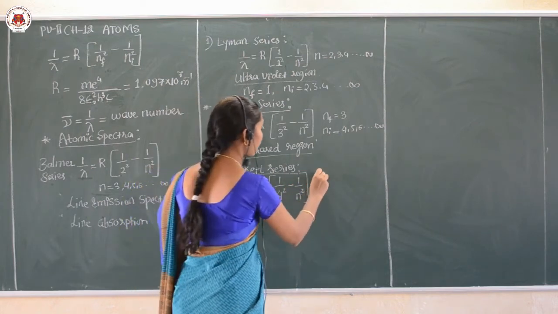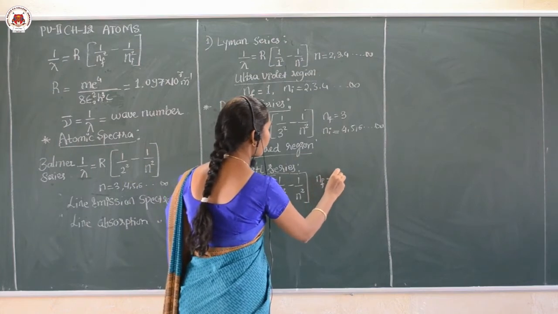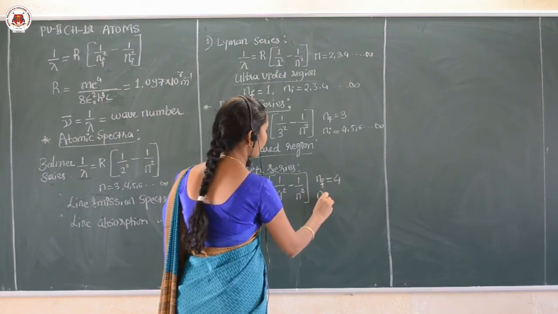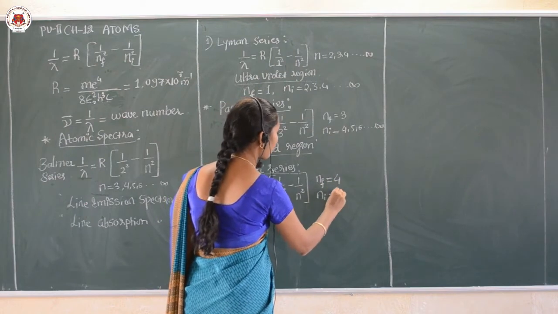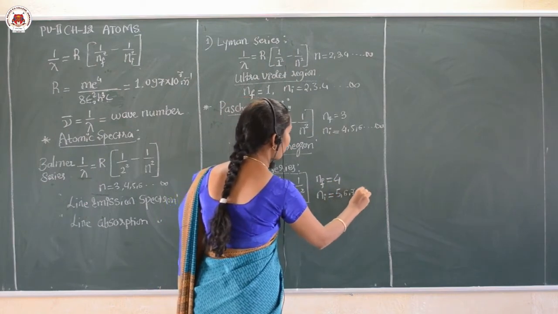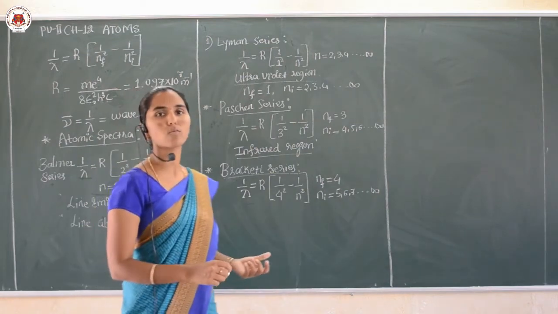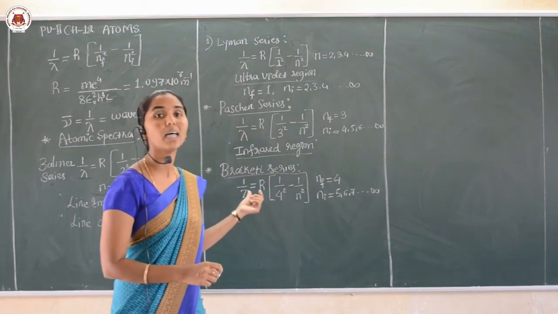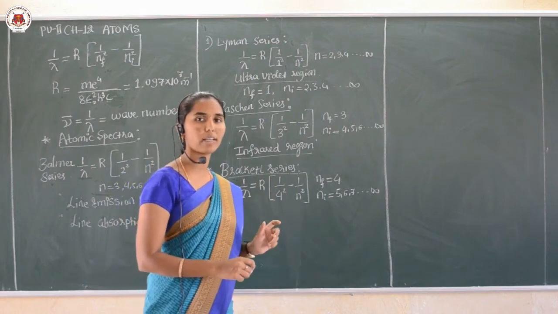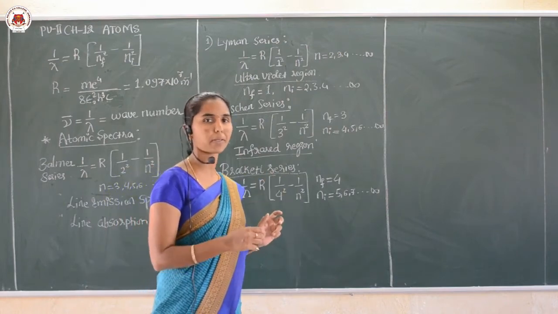That means here we have considered nf as 4 and ni as 5, 6, 7 up to infinity. And this Brackett series was also observed in the infrared region of the electromagnetic spectrum, right.